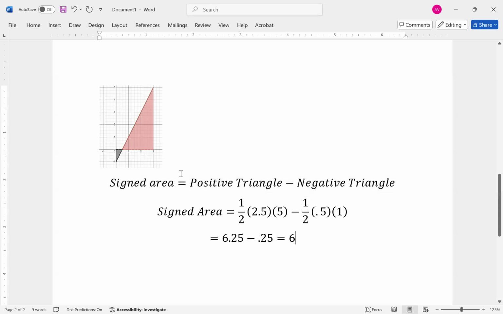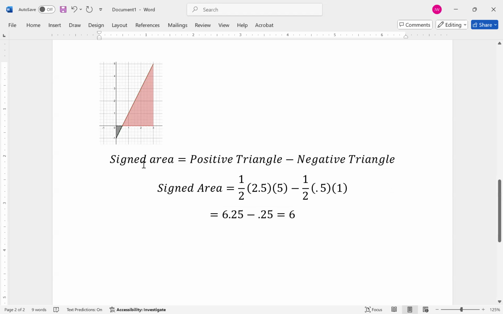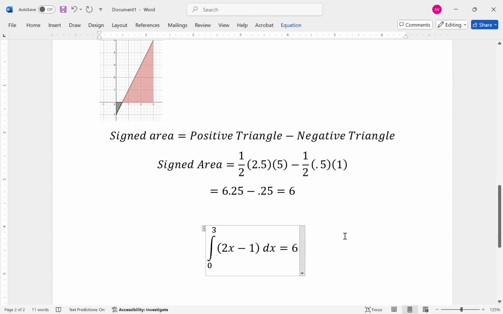I won't redo my calculations from before, but basically, those calculations mean that this definite integral is simply 6. And we calculated that using the geometry from before: positive area minus the negative area. So there you go. That's how we could calculate a definite integral.